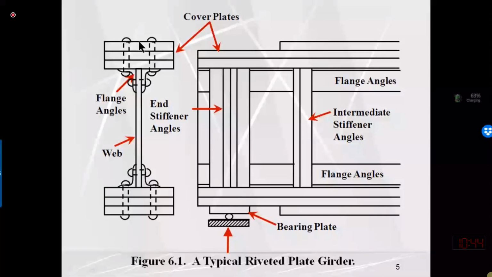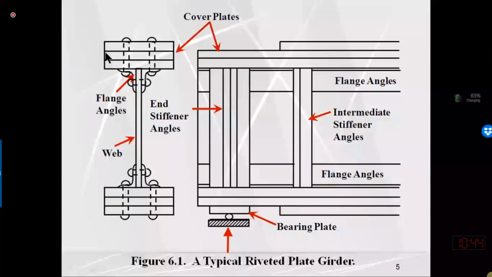Why are they using three plates? Maybe the total flange thickness required is 30 millimeters, and in the market we do not have a 30 millimeter thick plate. Instead, we have a 10 mm thick plate. So we can use a combination of three plates to achieve the total thickness.